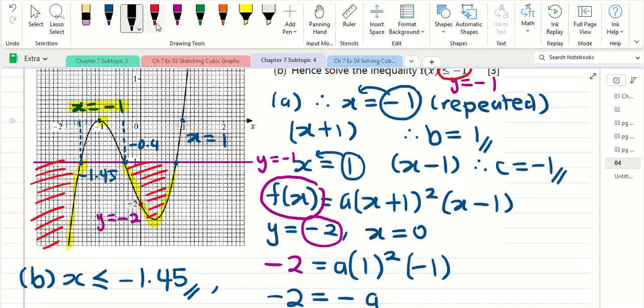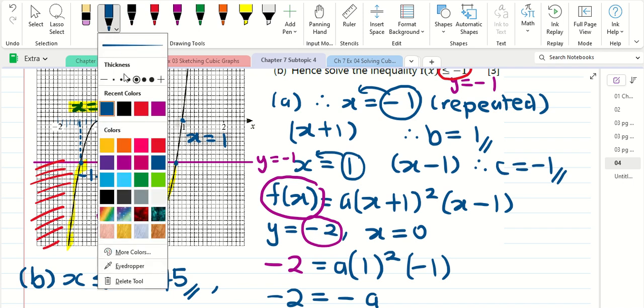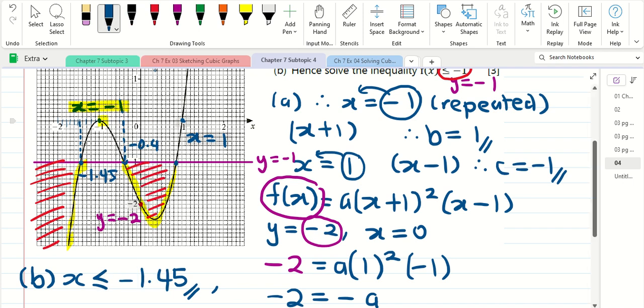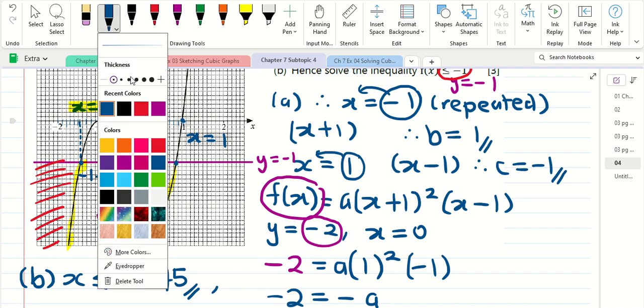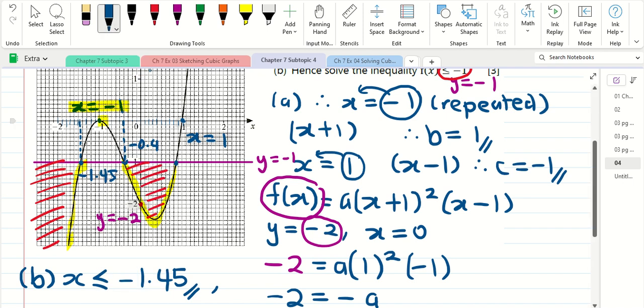So for this one, let's change the pen a bit. 1, 2, 3, 4, 5, 6, 7, 8, 9. So this is between 0.8 and 0.9 positive. So let's say the estimation is maybe around 0.85. This is x equals 0.85.